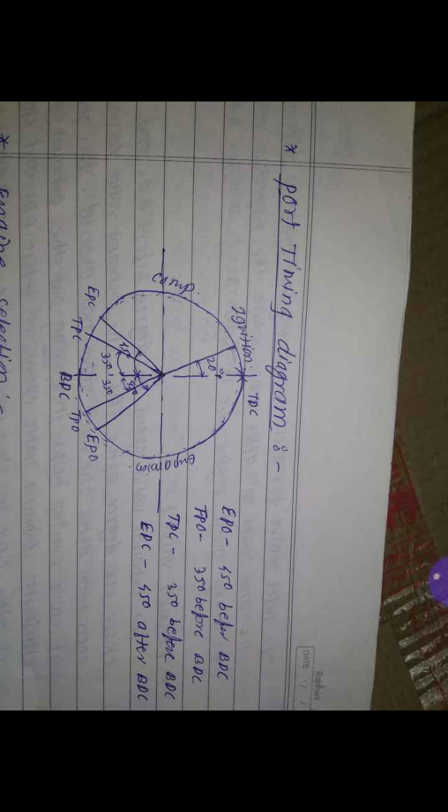So this exhaust port opens 45 degrees before BDC position and closes 45 degrees after BDC position. That means when the piston reaches towards BDC, the exhaust port is opened earlier, and when the piston travels from BDC towards TDC, the exhaust port is closed.